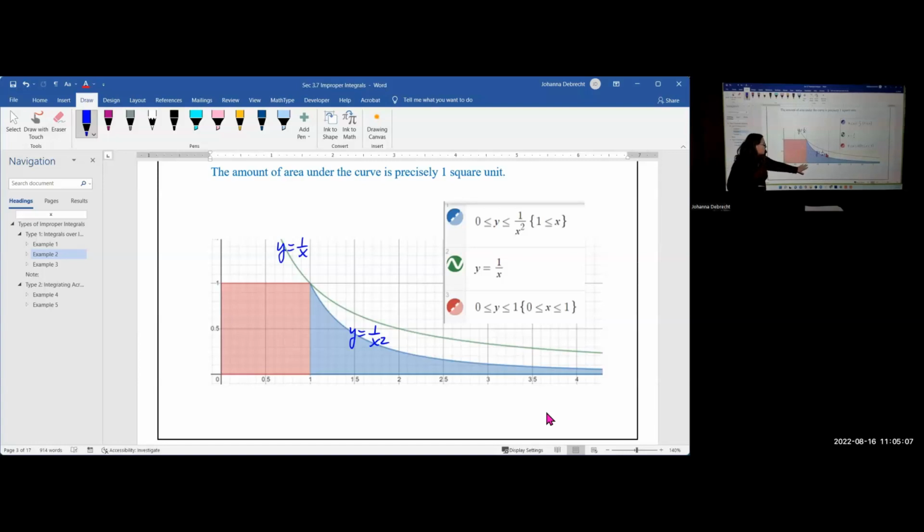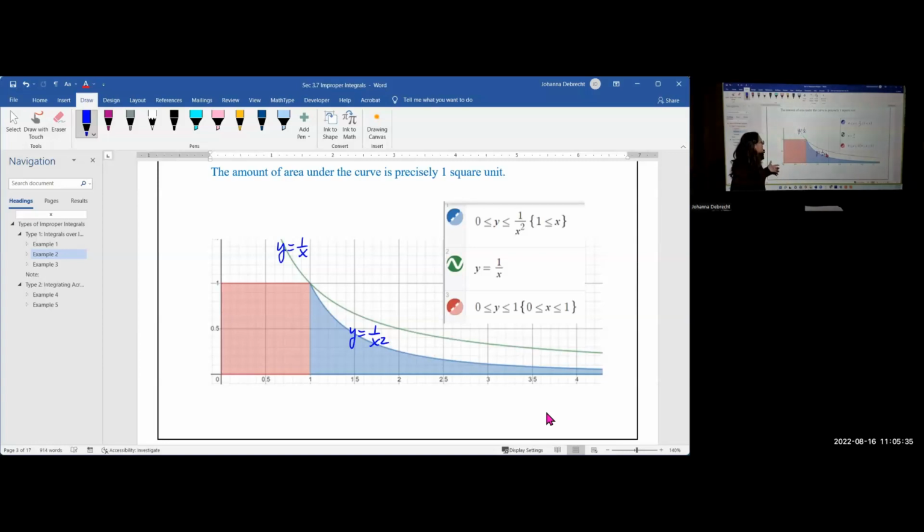It goes from 0 to 1 on x and 0 to 1 on y. So this is 1 square unit. This amount of paint is exactly the amount of paint I need to paint the blue region. In other words, the red area and the blue area are equal, not approximate. They're equal, precisely the same, which is a really startling idea.